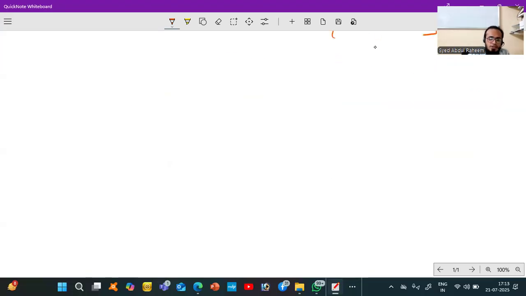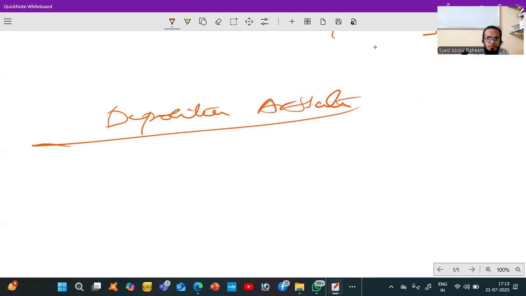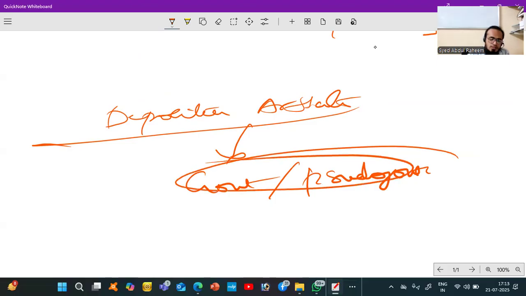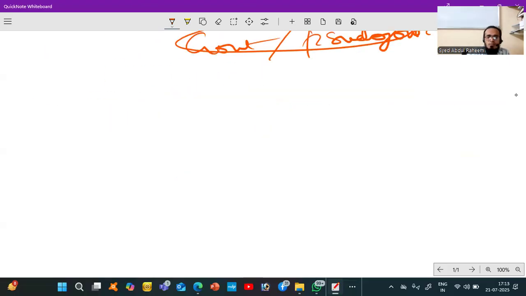Next, we have depository arthritis. Depository arthritis includes gout and pseudo gout. Okay, all these types. These are the things we have to remember.